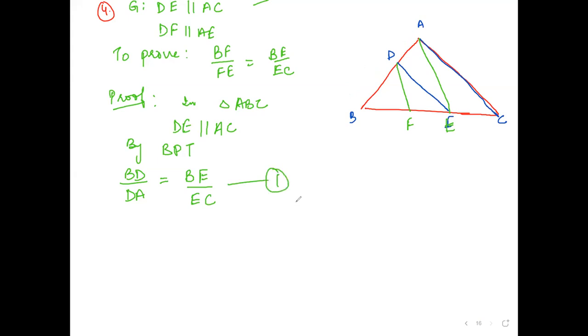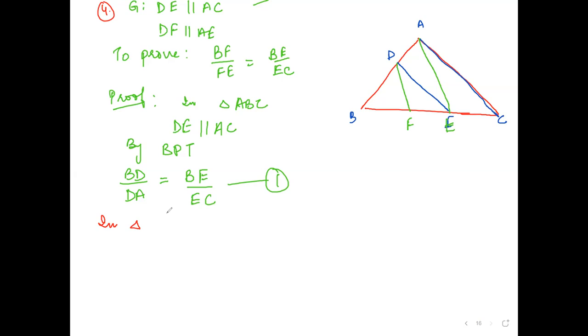Now come to the green line in the figure. If I want to make use of green parallel lines, which triangle should I use? ADC, no. ADC is not a triangle, Sarah. AE is the base of the triangle, right? And DF is parallel to that line. So which triangle should I use? Which triangle is having the base AE?